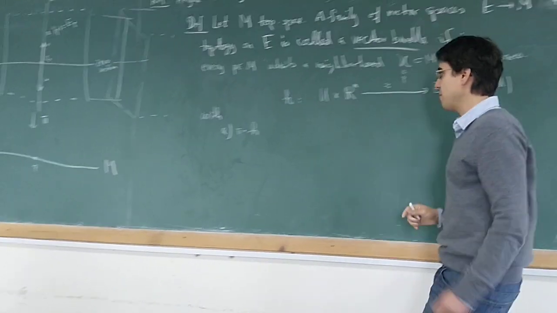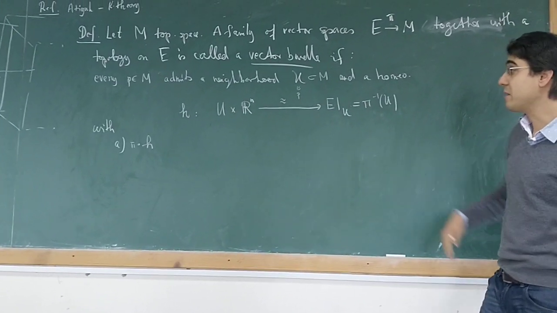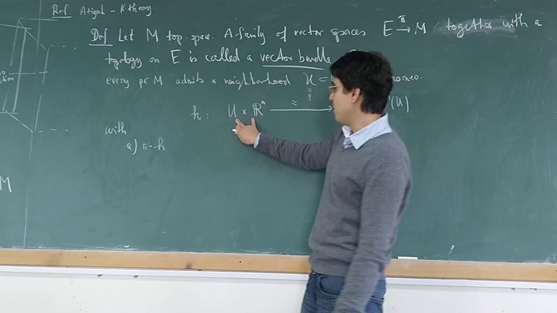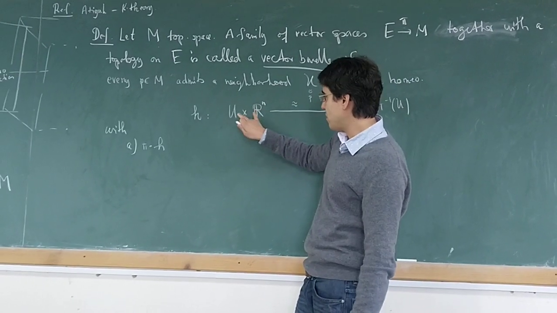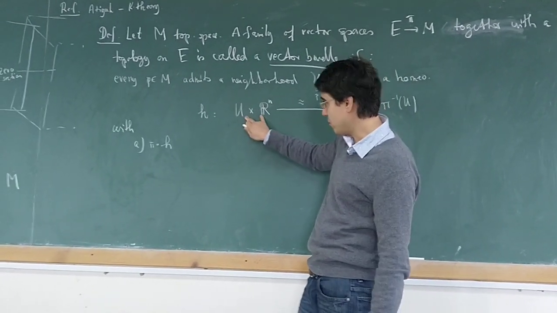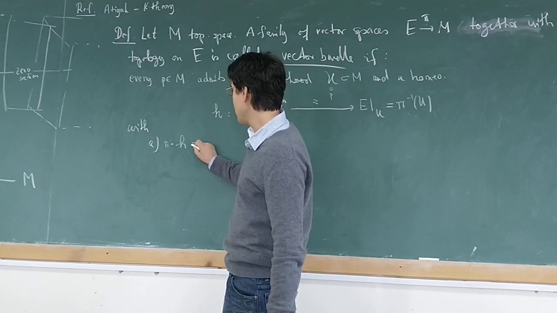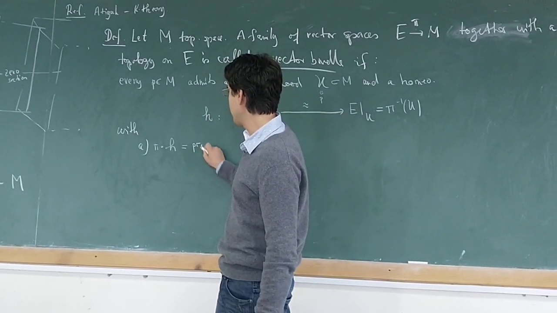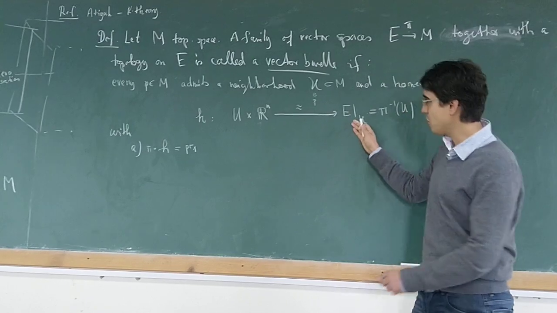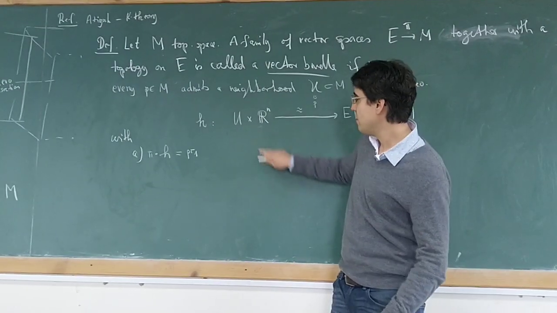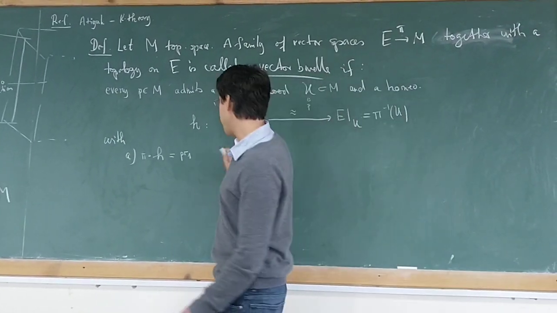So composing the map H with the map pi, I get into U from here. Another way to start here and get into U is just to project onto the first component. So the first requirement is that if I go over and project with pi, this is the same as projecting to U immediately.